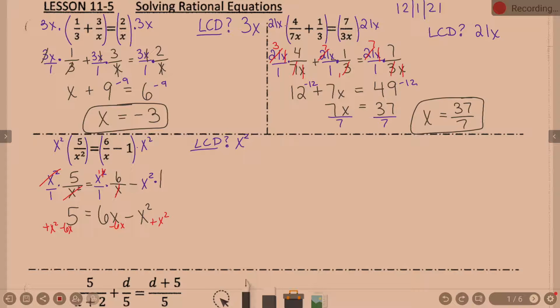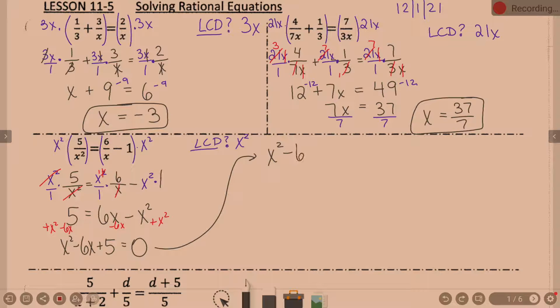So now, on the left, I'm going to have a positive x squared, a minus 6x, and the positive 5 that's already there. And that's going to equal 0. Okay, run out of room. I'm going to bring this over here.